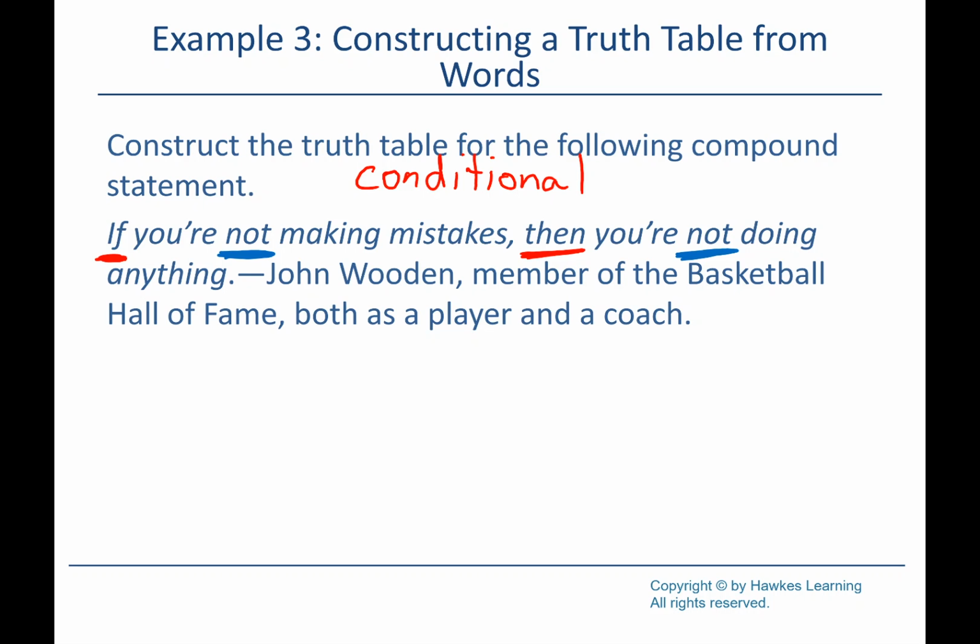So when we're doing the truth table, we're going to have our two starting columns. But then we've got to make two negation columns, because we've got to negate the first part in one and then negate the second part in the other. And then we can have our last column to do the conditional statement. So let's take a look at filling that out.